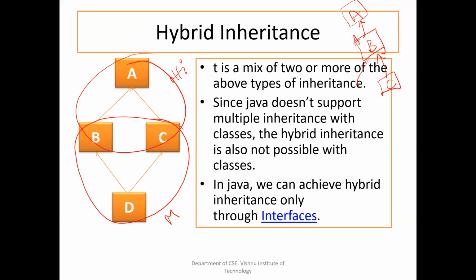And I have created one more child D. This part is multi-level and this is hierarchical. If my inheritance hierarchy is like this, it is also hybrid inheritance, and this is possible through classes. So not all hybrid inheritances are possible through classes. If a hybrid inheritance involves multiple, then it is not possible.